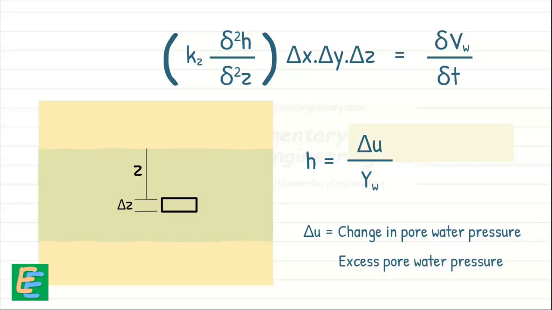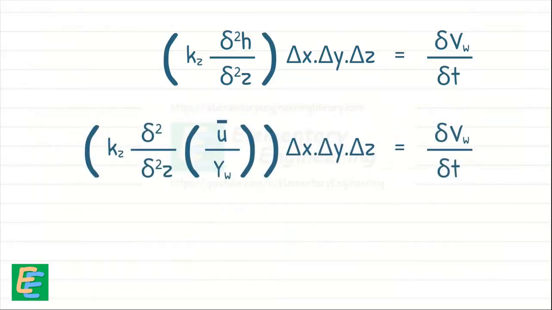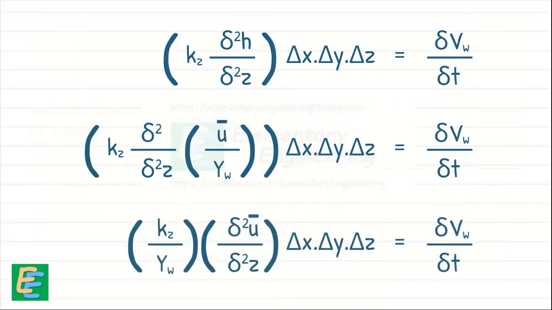It is also written in different books as U bar, U excess, or simply U. We are going to use a U bar here. And don't get confused: this U bar, or U, is not the pore water pressure. It is excess pore water pressure or change in pore water pressure. And our equation becomes this.